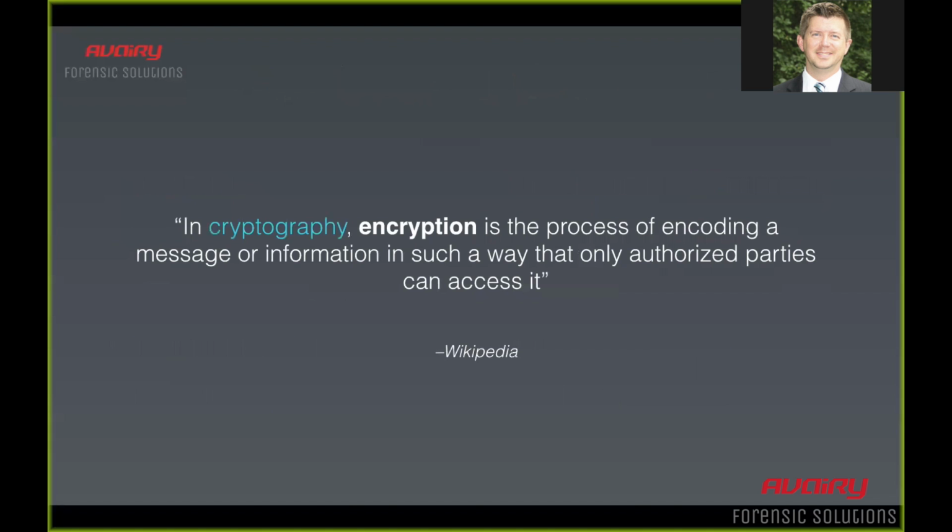All right, so right here, what is cryptography? Let's get into this and figure out what this is. Encryption is essentially the process of encoding a message or information, and what we're going to be talking about in this quick webinar is information, in such a way that only authorized parties can access it.